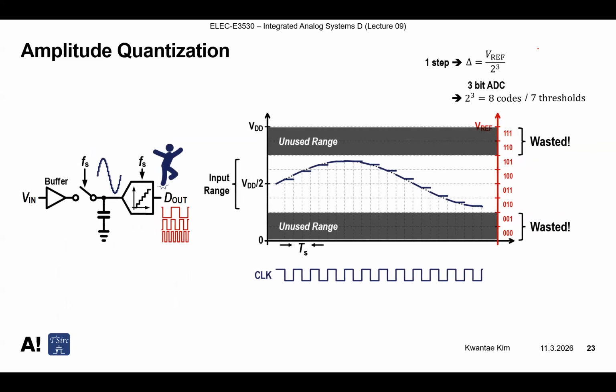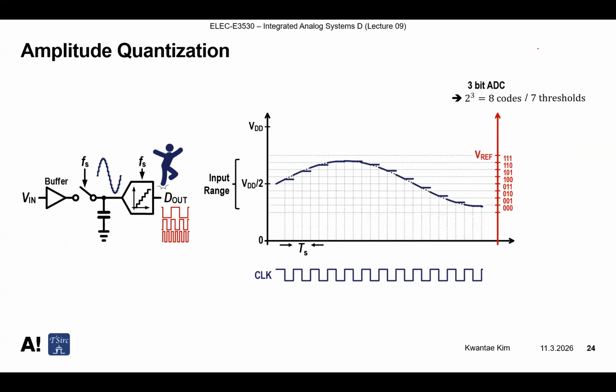So instead of wasting these digital output codes for the ADC, we can also think about it this way. When we squeeze, reduce the reference voltage, not touching VDD, let's put the reference as 75% of the VDD, then we can call it VREF P and the lower side VREF N. And let's say we increase the lower bound to 25% of the VDD.